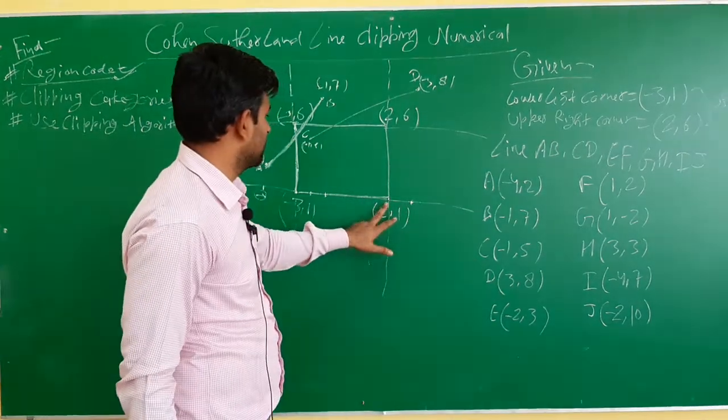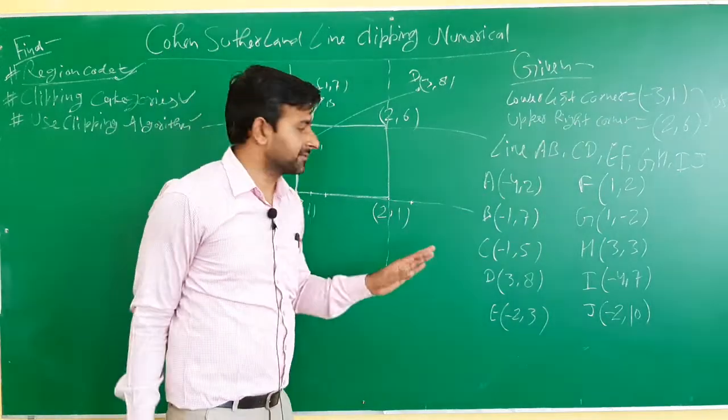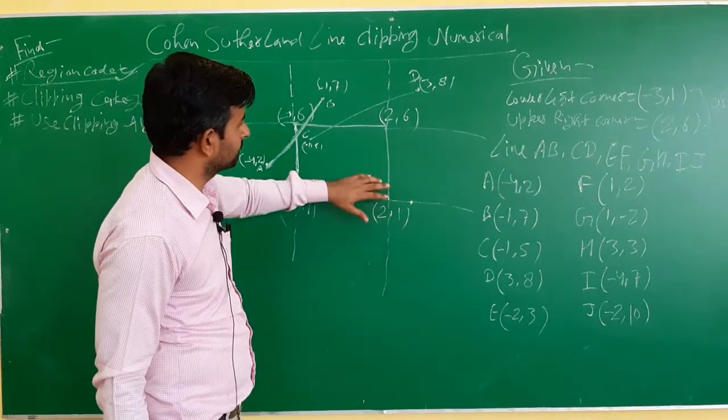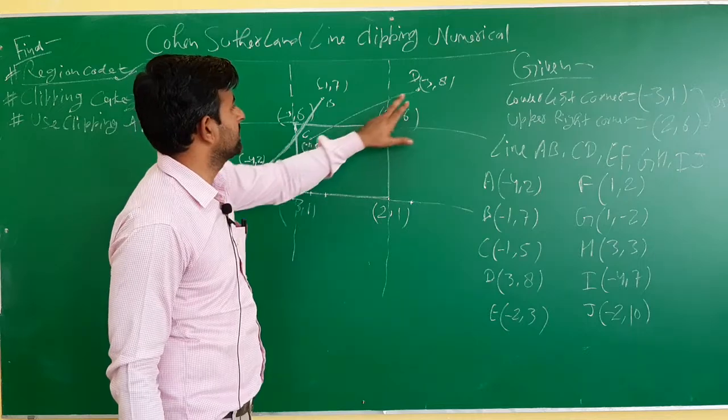Here this value is 2, we will move toward the right for the positive value, 3, and 8 is here, then this is line CD.